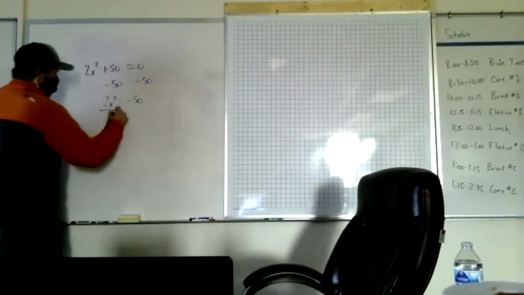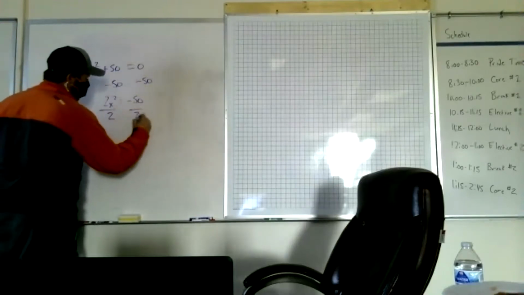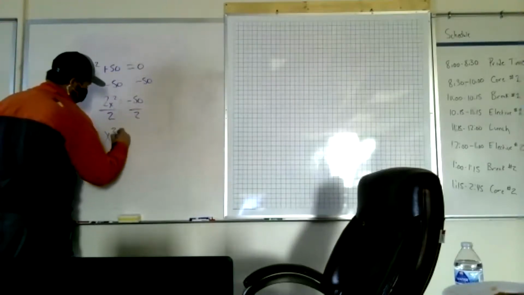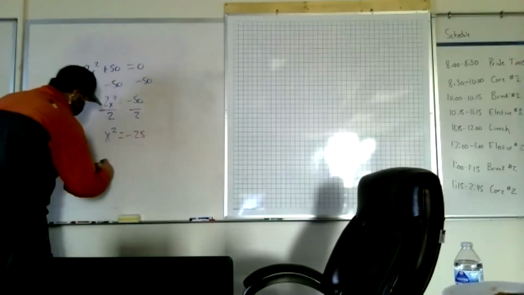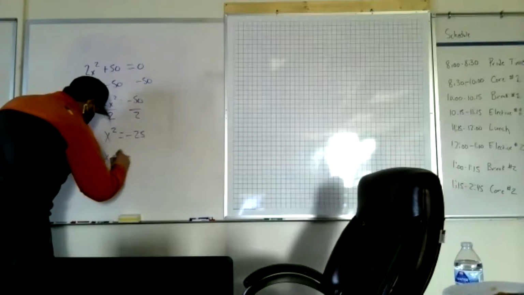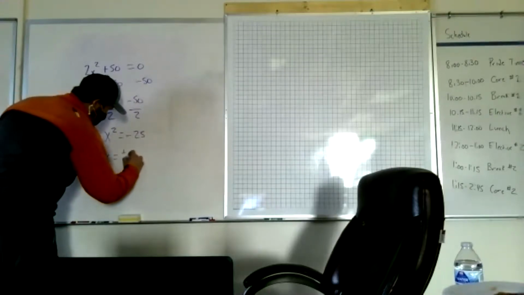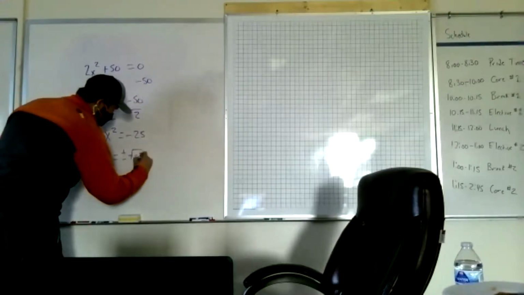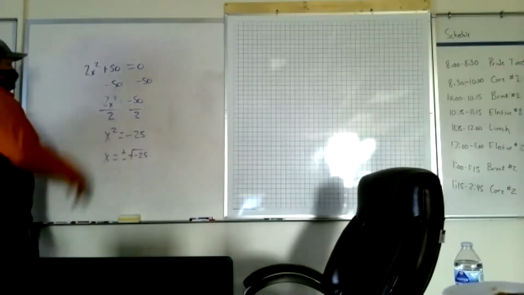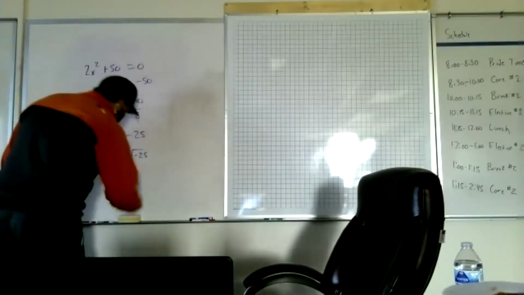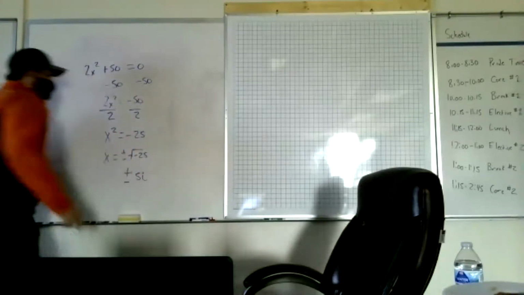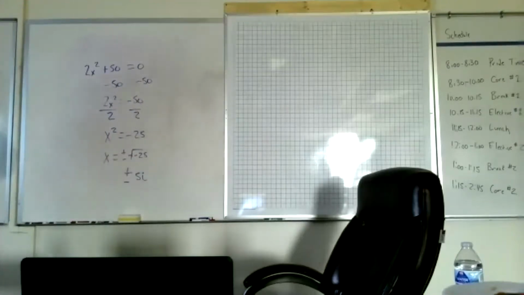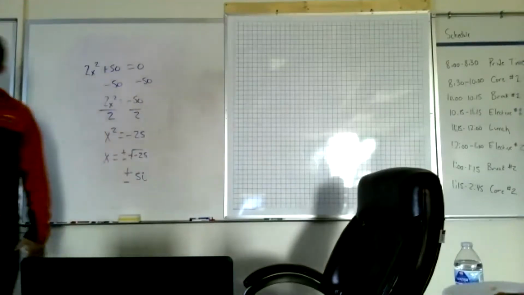Then we divide both sides by 2. We get x squared is equal to negative 25. We take the square root of both sides, so x is equal to plus or minus the square root of negative 25. Square root of 25 is 5, and the square root of negative 1 is I. So our final answer is plus or minus 5i.